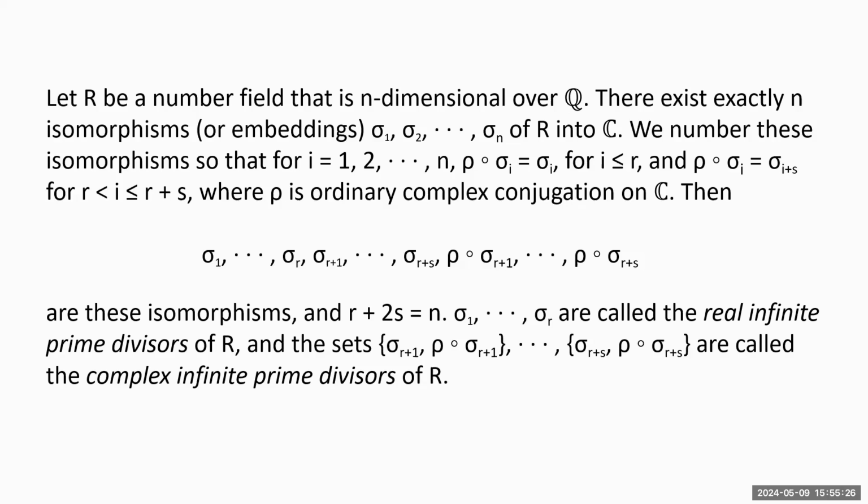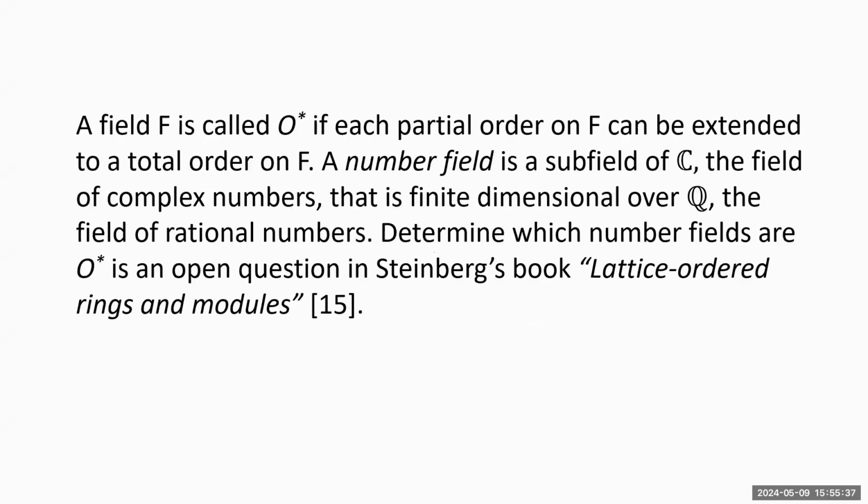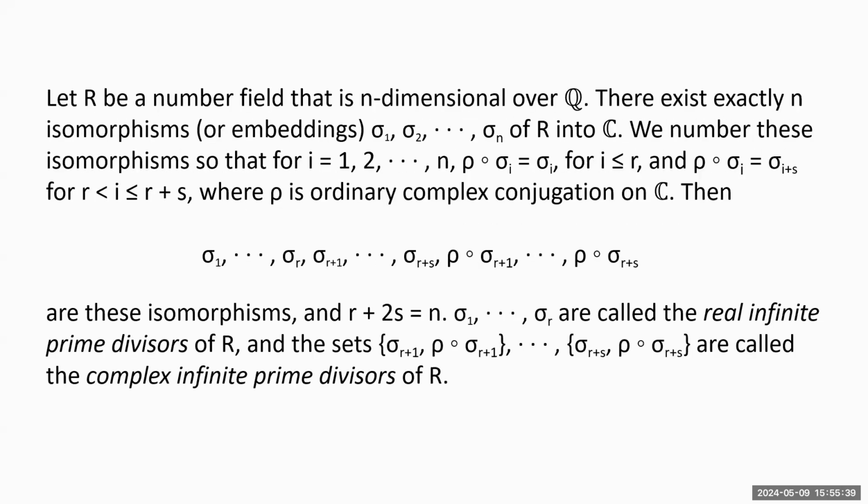Harrison proved some very nice results about infinite primes of number fields. Let R be a number field that is n-dimensional over Q. Then there exist exactly n isomorphisms, which I'll call embeddings, because they are one-to-one from R to the complex field. Among those embeddings, one is closed under the standard complex conjugate.